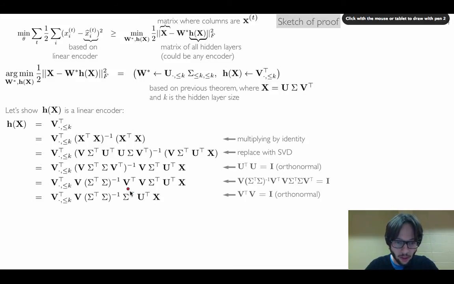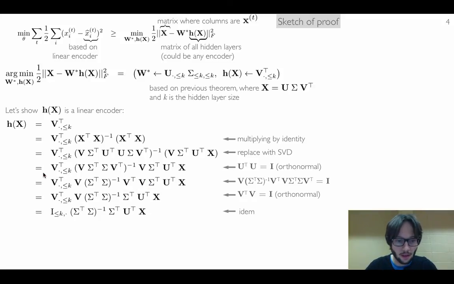Next, we notice that this times that is also the identity, because again V is orthonormal. So we don't see it here anymore. We apply the same thing here, but now because this is the transpose of only the K first columns of V, we get the identity matrix, but where we've selected only the K first rows of that identity matrix.